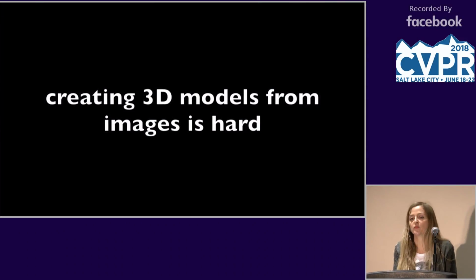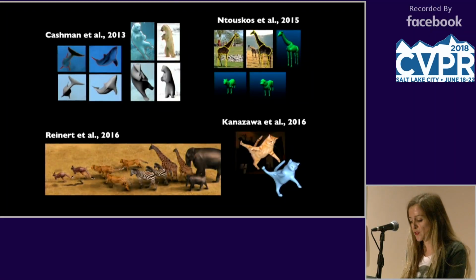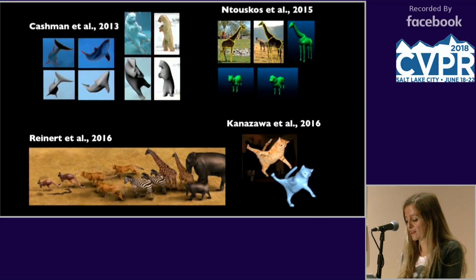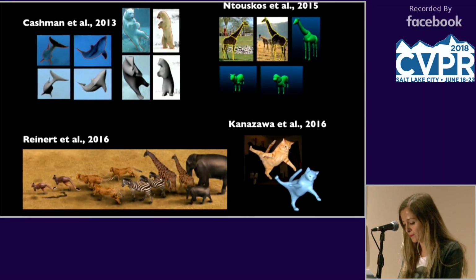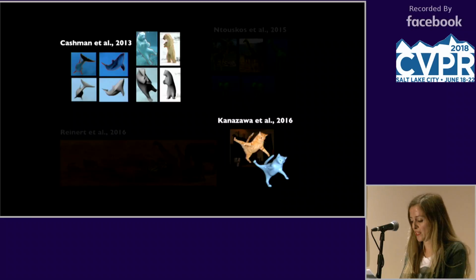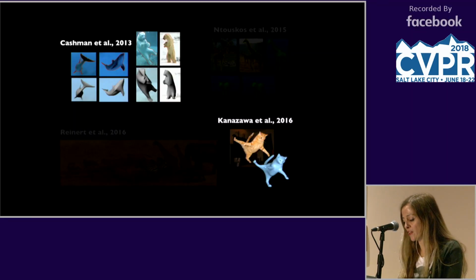So creating 3D models of animals from images is very hard. Previous work has done it for dolphins, bears, cheetahs, cats, giraffes, and more. Template-free approaches produce results that have limited realism, while template-based methods did not exploit multiple images of the same subject for an accurate recovery of the animal shape.